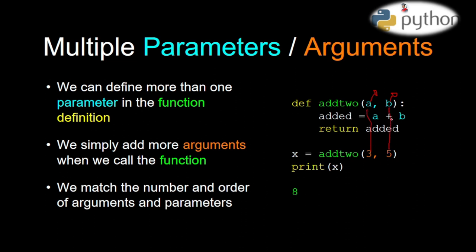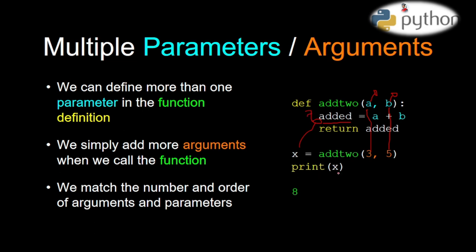Then 3 plus 5, the result is placed under this added variable, and this added variable contains this summation, 8, and x is equal to 8.